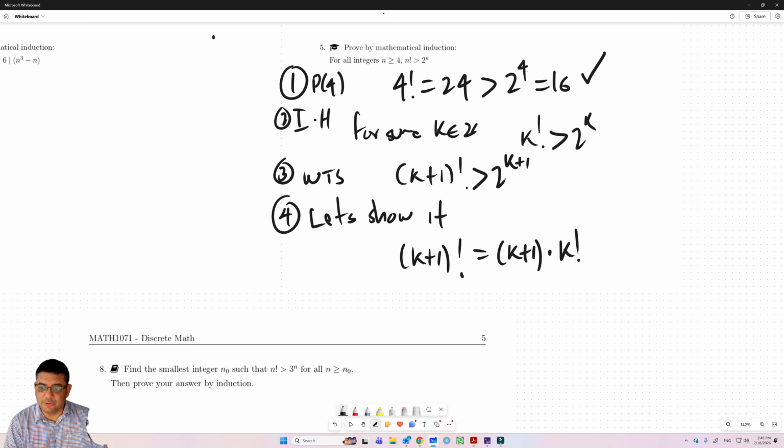And so because k factorial is bigger than 2 to the k, then you can easily see that this is going to be bigger than k plus 1 times 2 to the k.